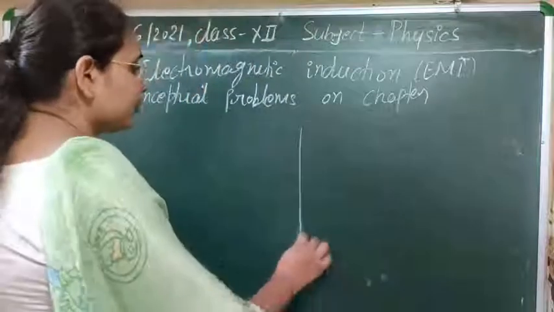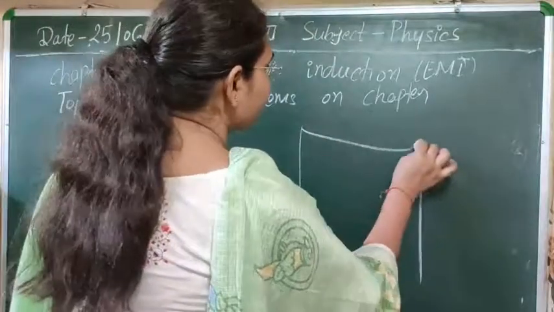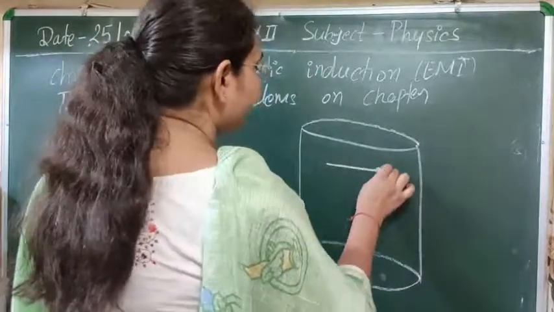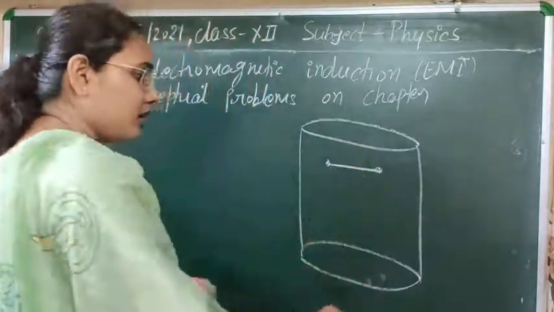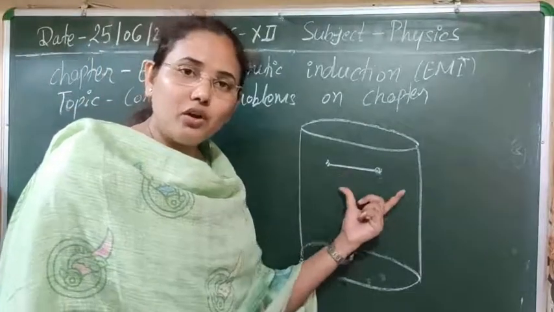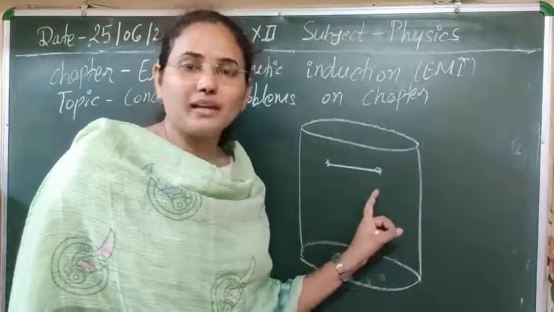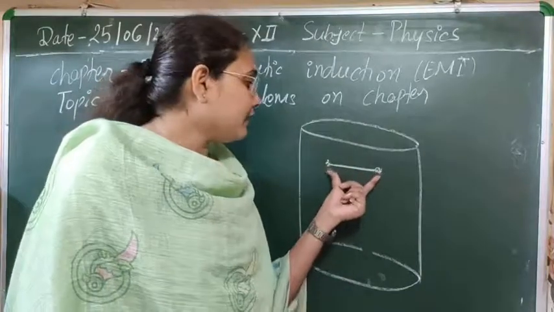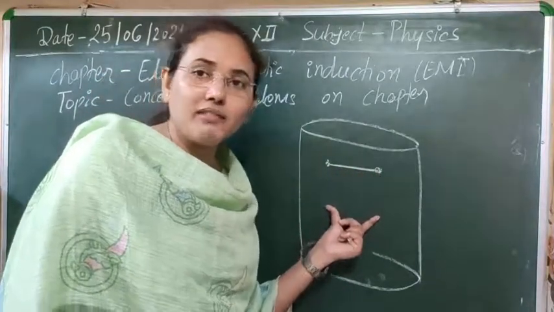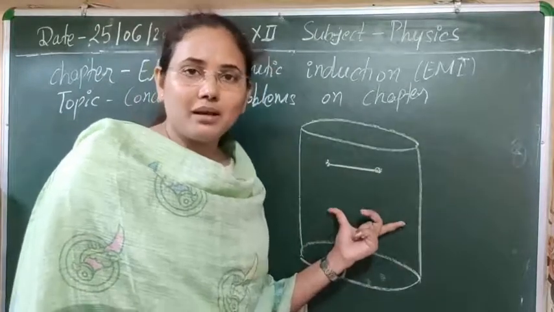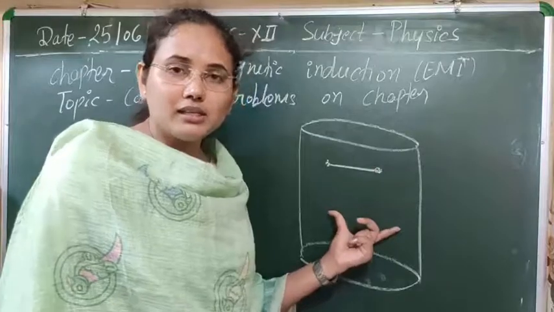Suppose this is our cylindrical shell, and an iron bar is falling down from here to here. Due to the downfall of this iron bar, if it is a magnet, the magnetic flux linked with the whole shell will change, and it will induce an EMF in the shell.